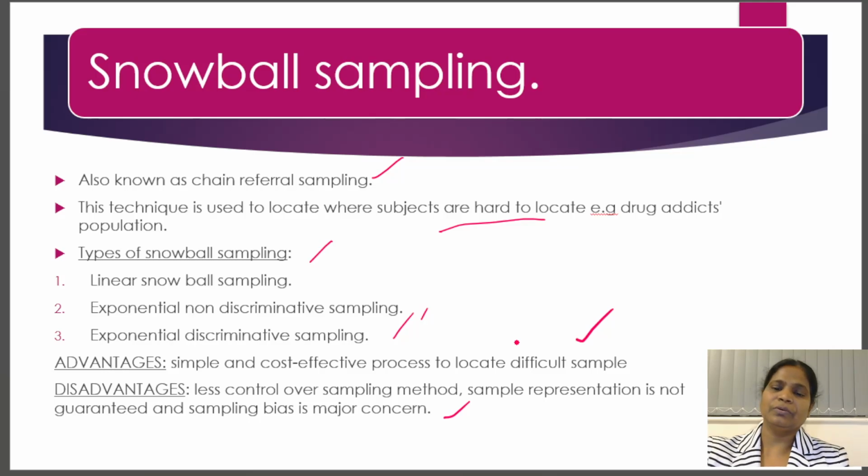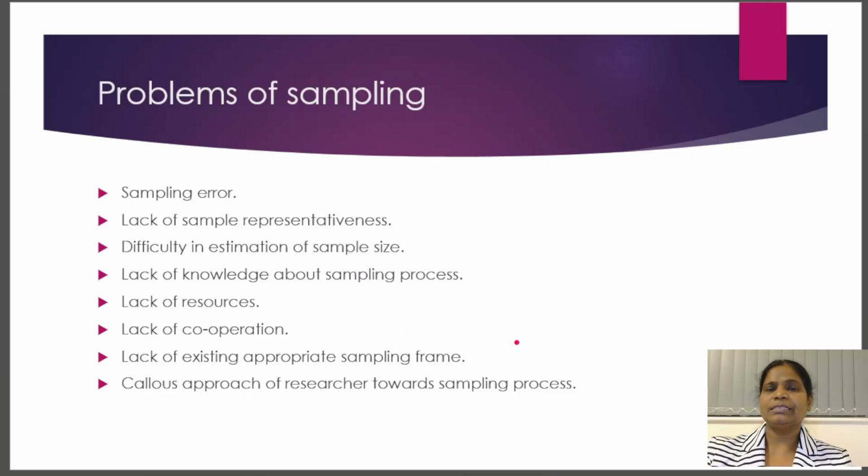Thereby chances of sampling bias and sampling errors occurring, and the findings cannot be generalized to the whole population at times. So these are all different types of sampling techniques, and some of the problems of sampling are sampling errors, which I'll discuss in my next video.